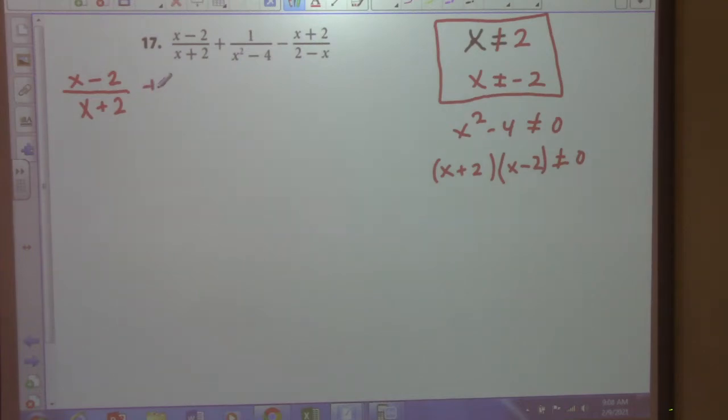And then we have 1 over x plus 2, x minus 2. Then Haley made a suggestion. We have this x plus 2, and she says we have negative x minus 2, is that right?